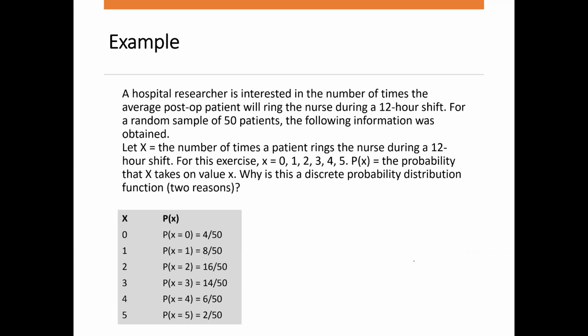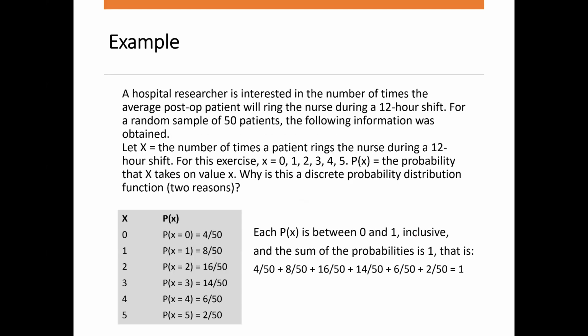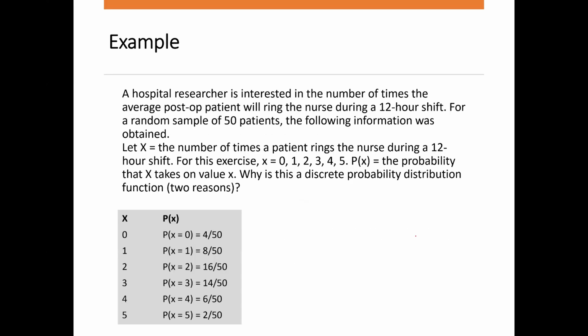A hospital researcher is interested in the number of times the average post-op patient will ring the nurse during a 12-hour shift. For a random sample of 50 patients, the following information was obtained. So the random variable, capital X, is the number of times a patient rings the nurse during a 12-hour shift.